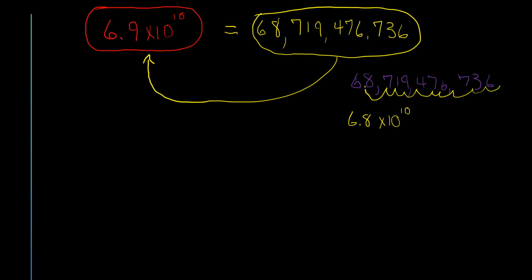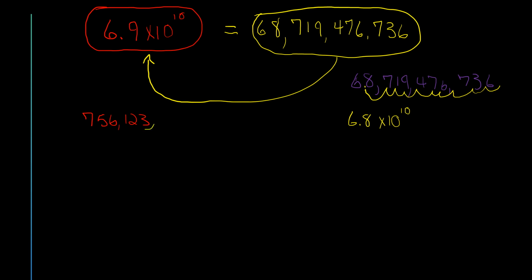Let's do another problem. I'm just going to make up a problem. Let's say 756,123. I want to put this in scientific notation. Start from the one end and work yourself to the next end, but don't go past the first number.